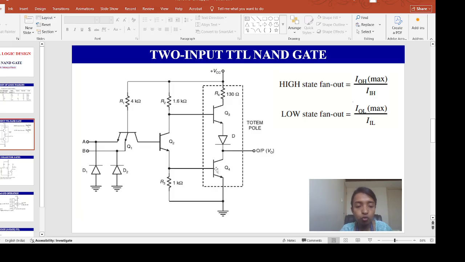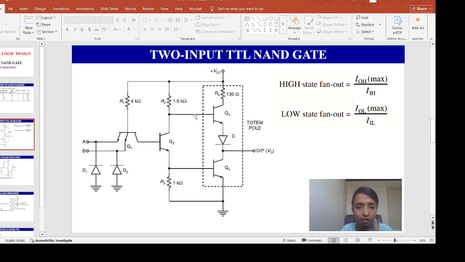So if Q4 is on, that means its base is at 0.7 volt with respect to the ground, and Q4 gets the base drive from transistor Q2. So when Q4 is on, Q2 has to be on. Therefore, its collector to emitter voltage, VCE SAT, is 0.3 volt.